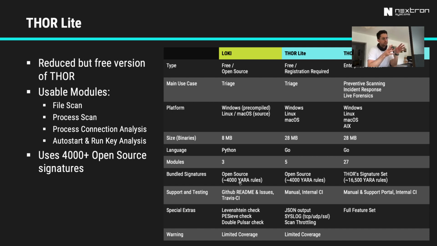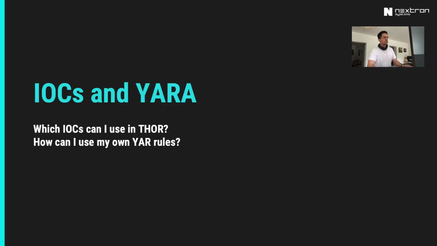So if you scan your Exchange servers for detections of a compromise, then THOR Lite would also be a very, very good choice.